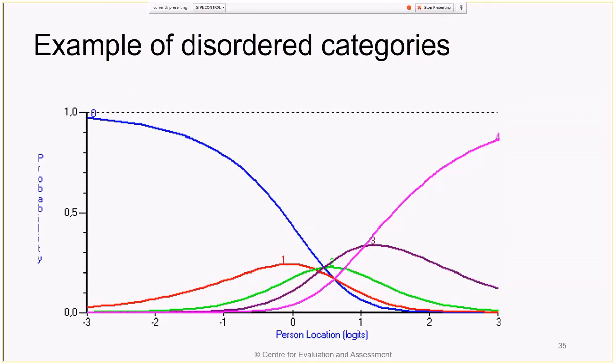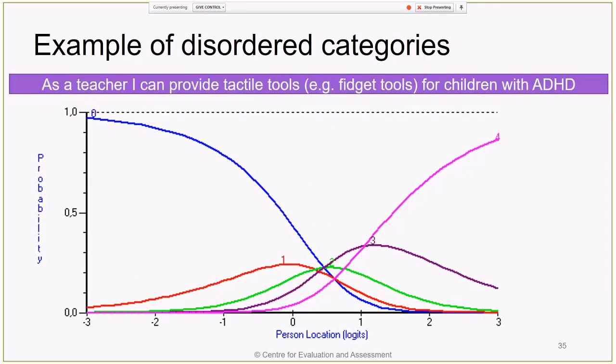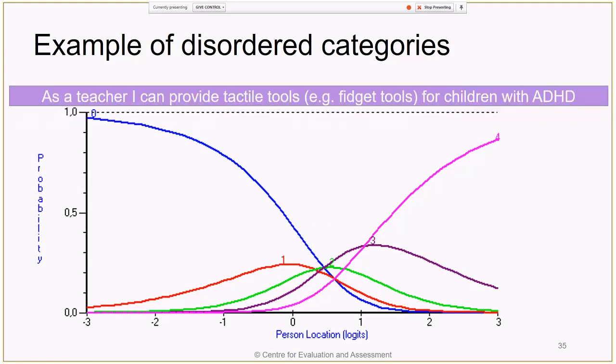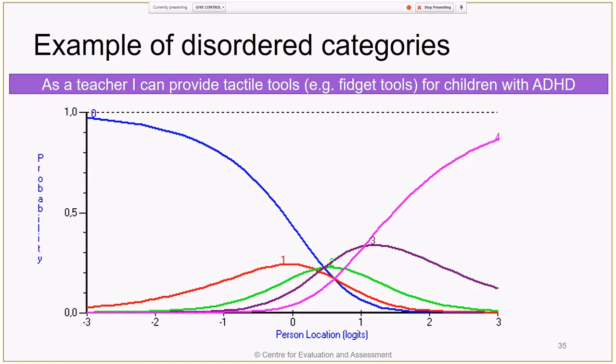This is an example of disordered categories from a different ADHD questionnaire, not the one I'm using today, but the question asked, as a teacher, I can provide tactile tools, for example, fidget tools, for children with ADHD. So here the teacher could have strongly disagreed with that statement. She could have disagreed.